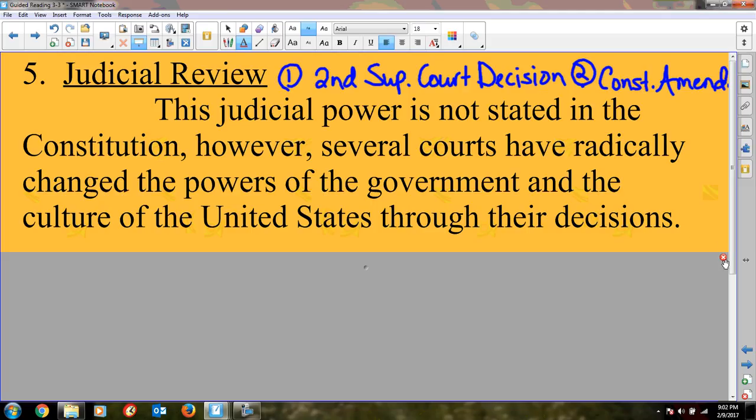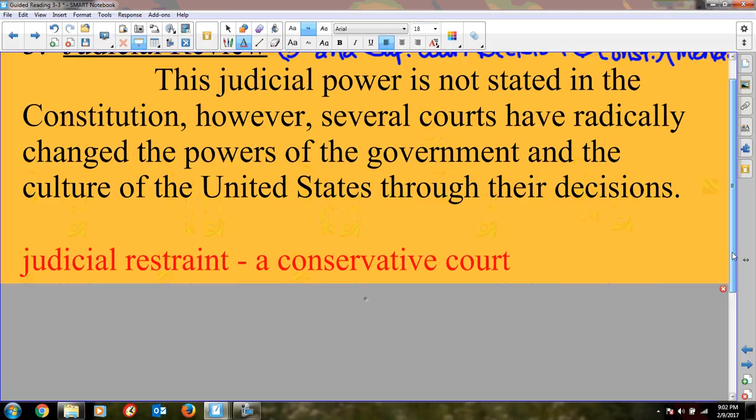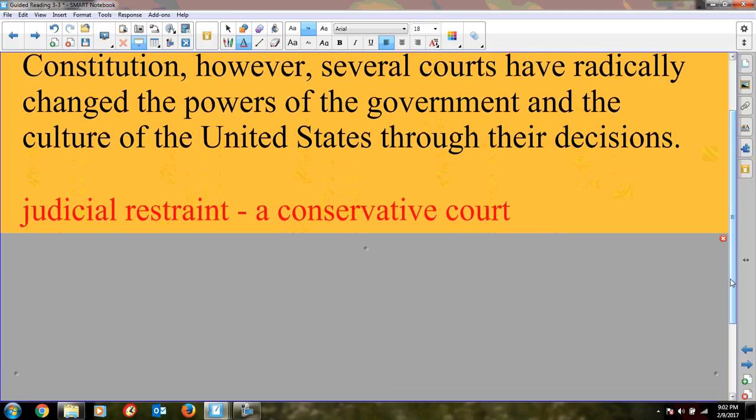That's incredibly powerful. So, for example, nowhere in a law, in a statute or basic legislation, does it outline when or how a woman can have an abortion. The Supreme Court decided that. Okay? As we said earlier, judicial restraint is a court that says unconstitutional or constitutional and does not go any further than that.